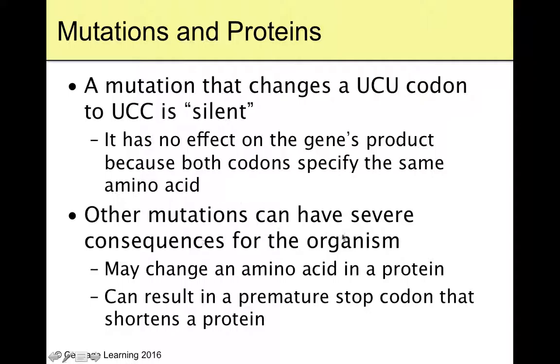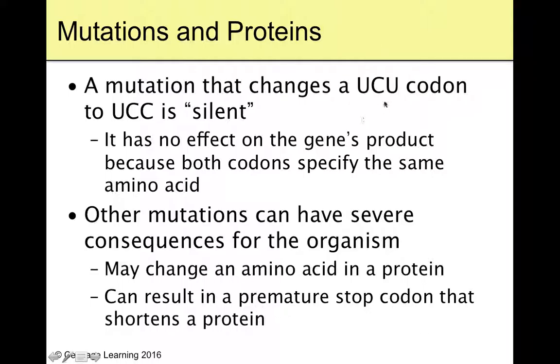Other mutations can have a severe consequence. If they change that amino acid, our protein's not going to be the same shape. Shape determines function, and this could be anything from not a big deal to fatal. It just depends. It can result in a premature stop codon. That would be a bummer.